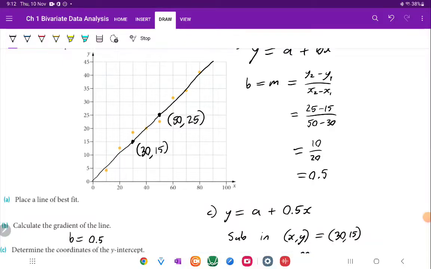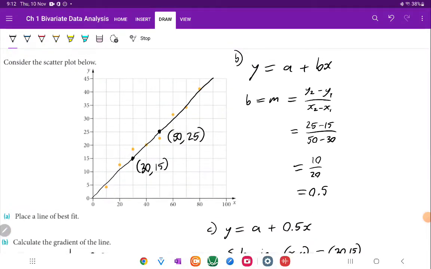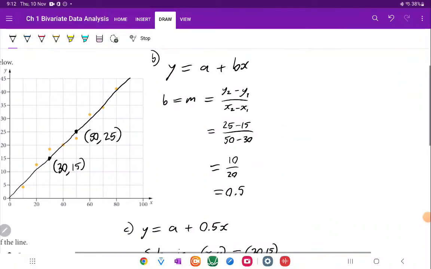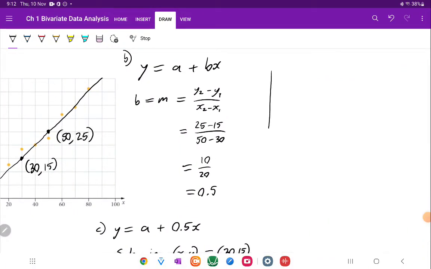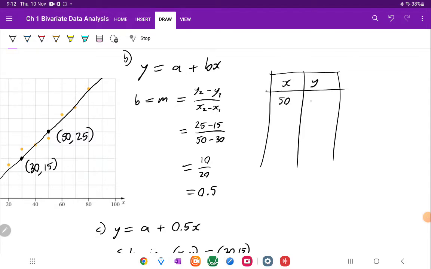Okay, what's another strategy? Well, I've got a calculator, and my calculator can calculate A and B. And calculators can calculate A and B if it's given 2 points. So instead of doing all of this to find A and B, on our calculators we could just set up a table, and we only need to put in 2 points. So x and y, 50, 25 is my first point, 30, 15.